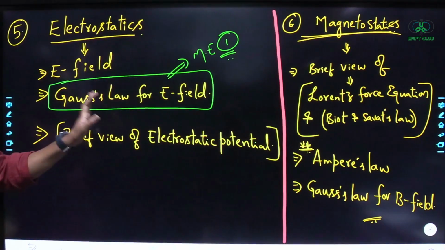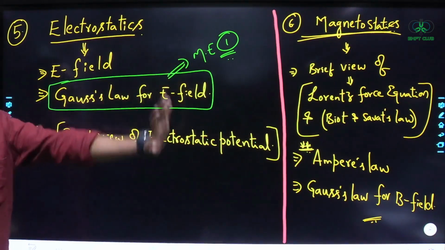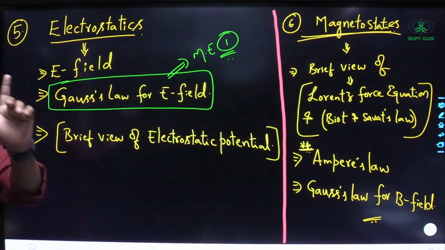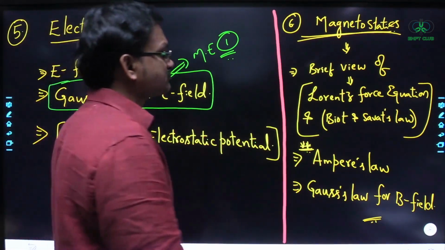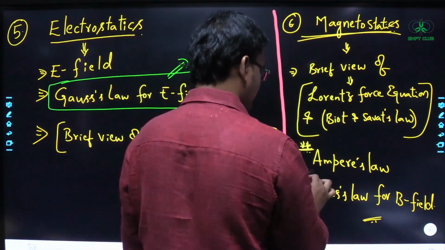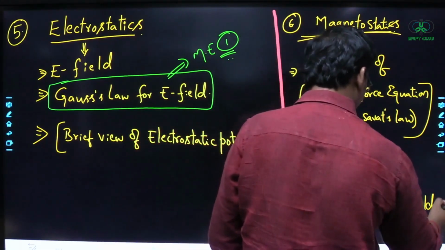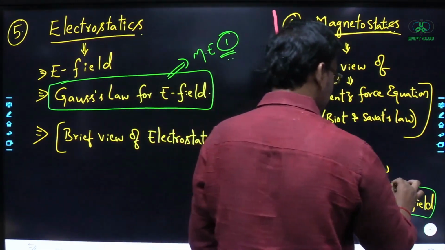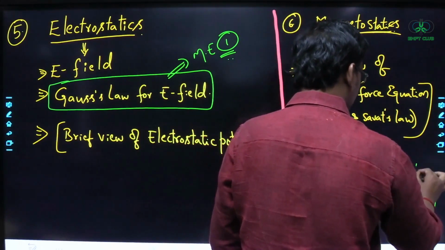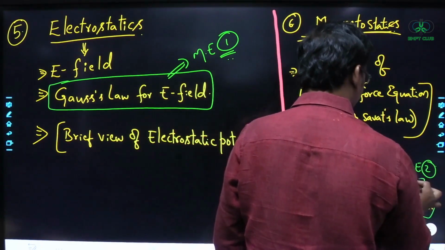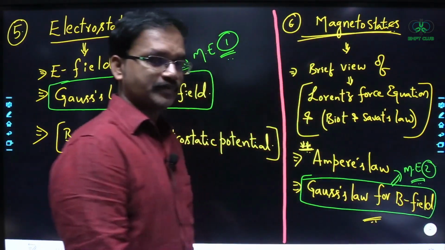So in electrostatics, this Gauss law for electric field is the first Maxwell's equation. Next, in magnetostatics, Gauss law for B field is nothing but Maxwell's equation number 2.